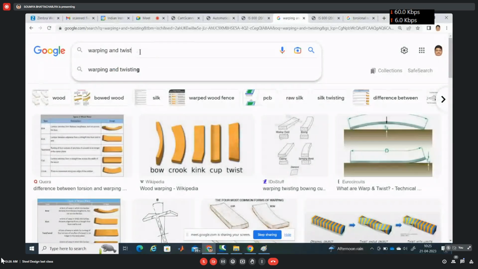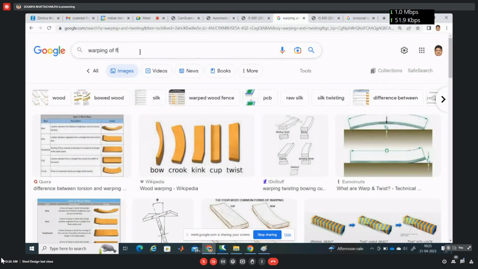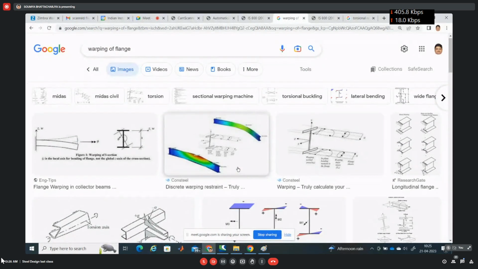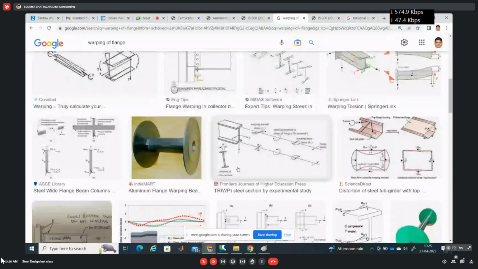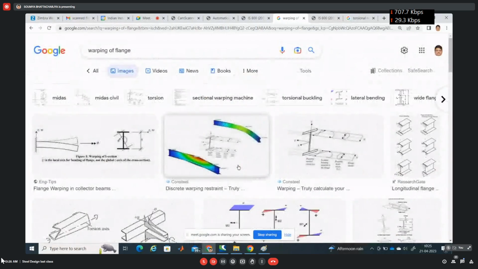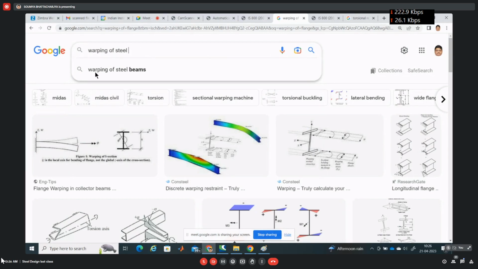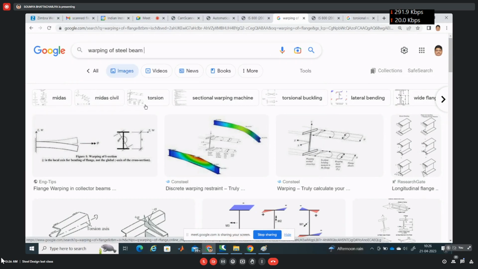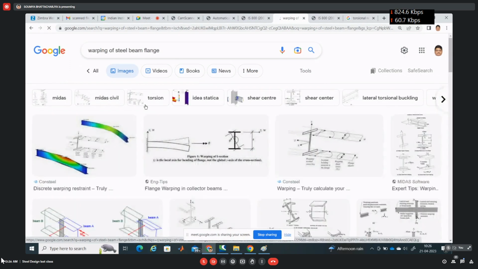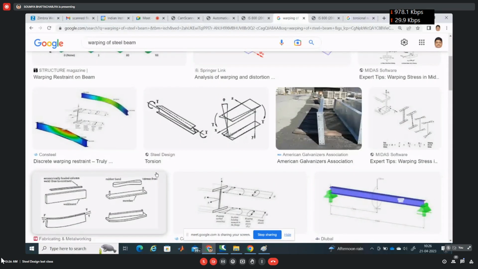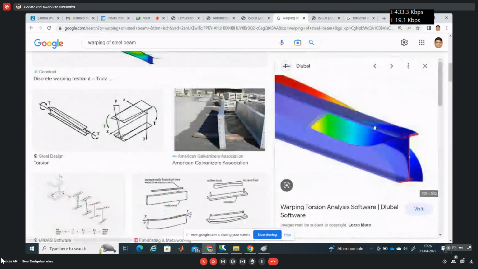Warping of flange. Let me search. Yeah, this is warping of flange.